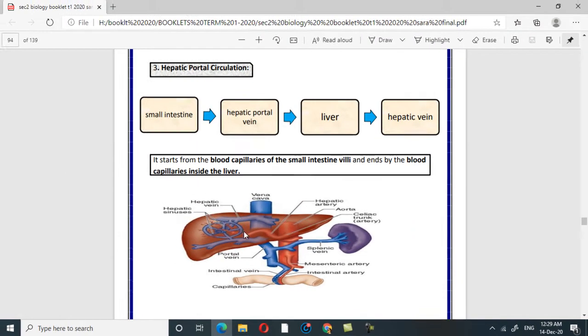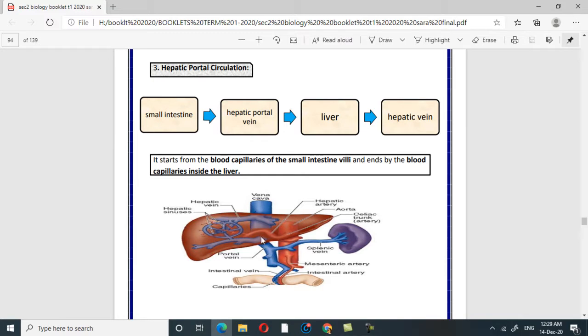Inside the liver, all of these components undergo certain changes, and the toxic substances will become less toxic, and the amino acids will be deaminated, removing the amino group, leaving some wastes such as urea and uric acid. So all the resulting substances will go outside the liver through the hepatic vein.